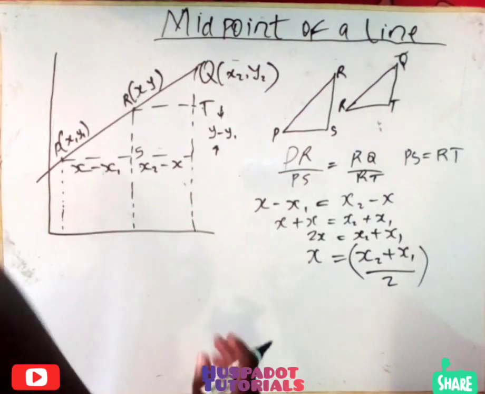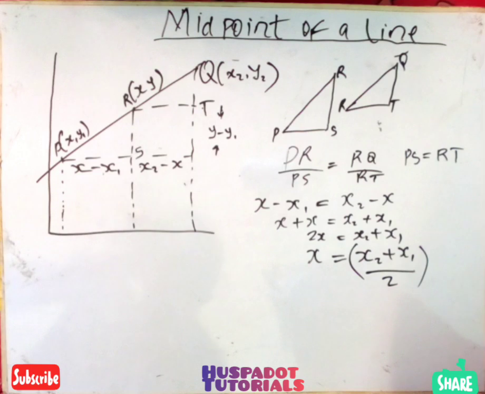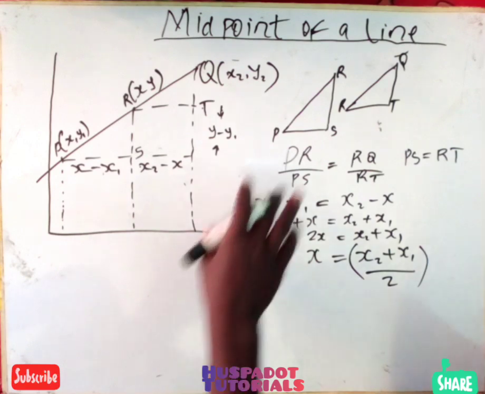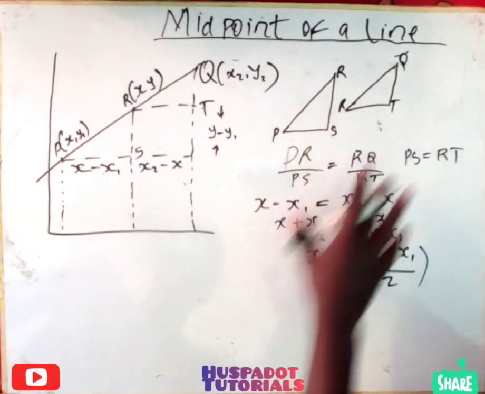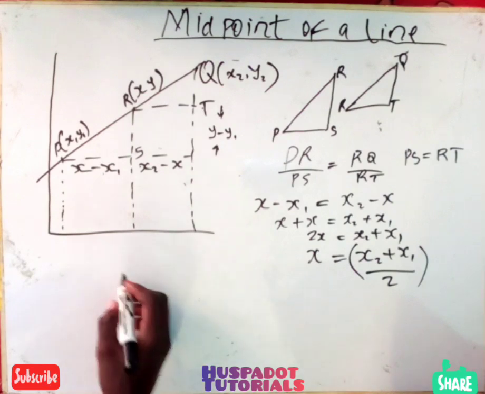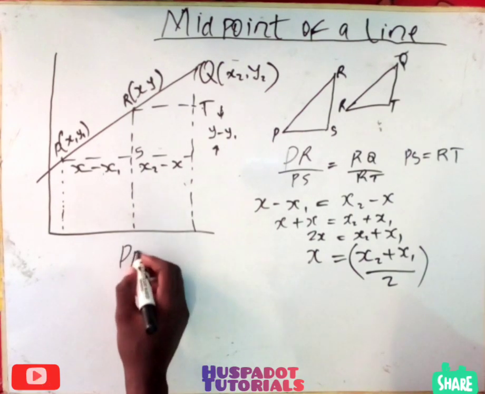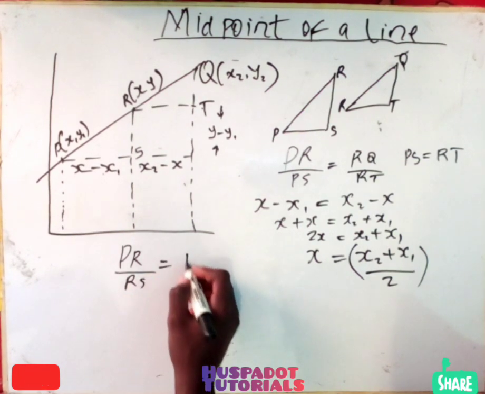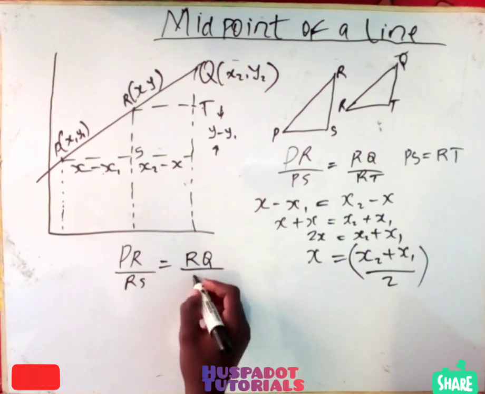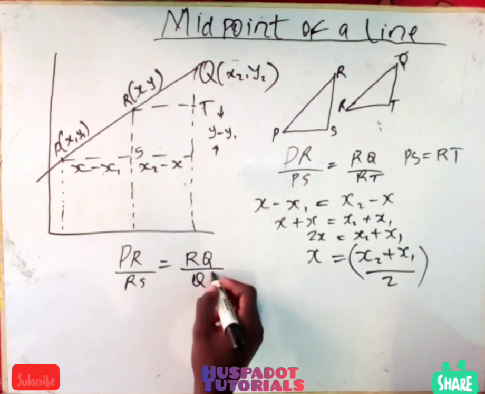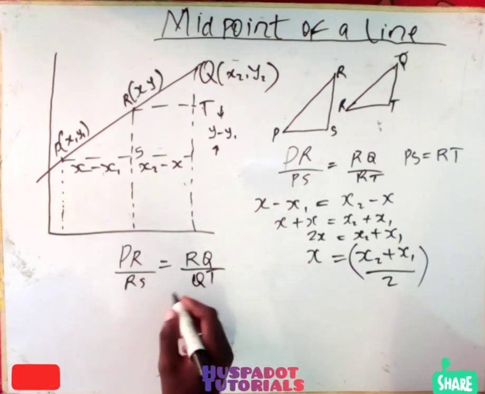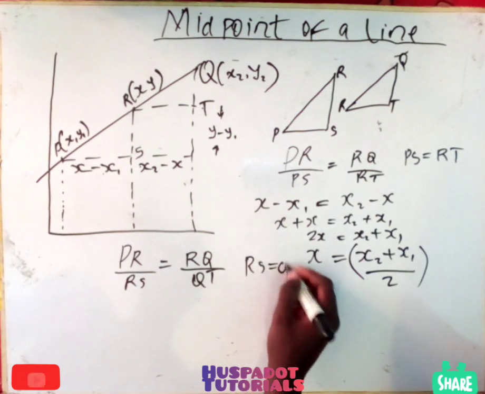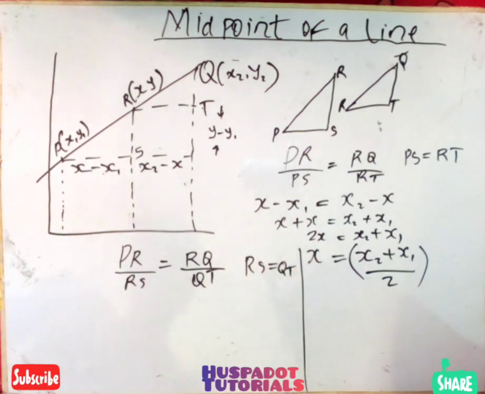Now to find the coordinate of the y, we use the same similar triangles, but now using the ratio of a different side apart from PS and RT. We see that PR over RS is the same thing as RQ over QT, so that RS corresponds to QT.